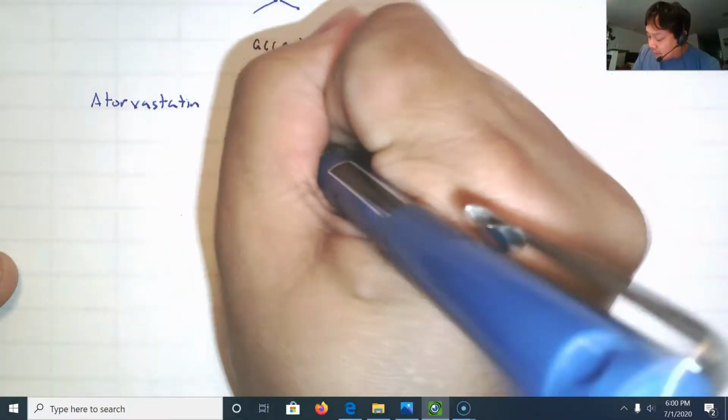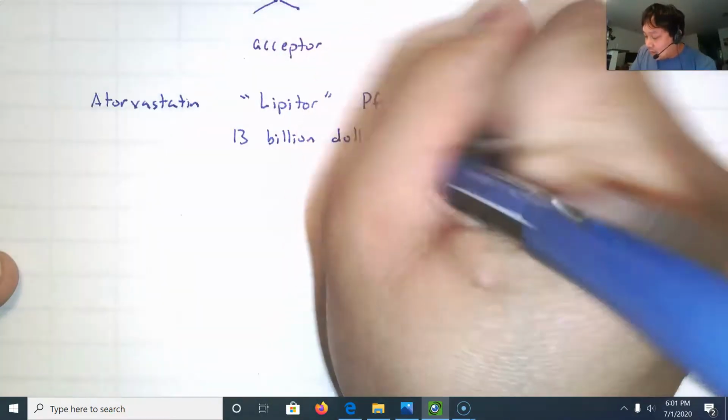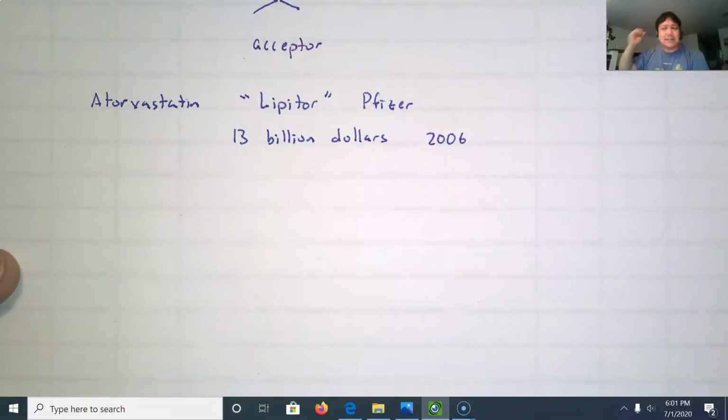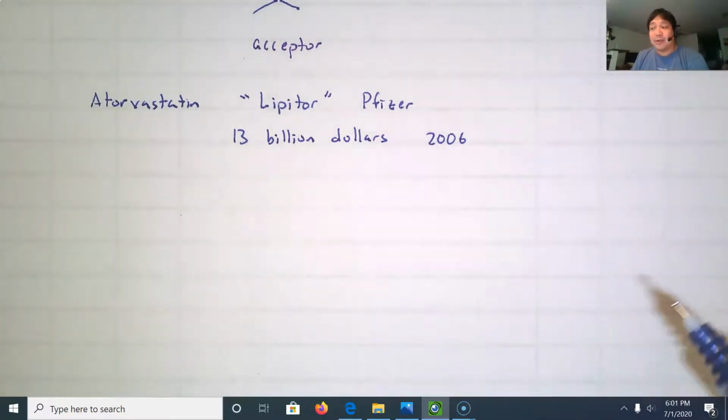At its height, I read that it made $13 billion in the year 2006. After the patent expired, that number dropped, and I think currently it could be between 2 to 4 billion per year.